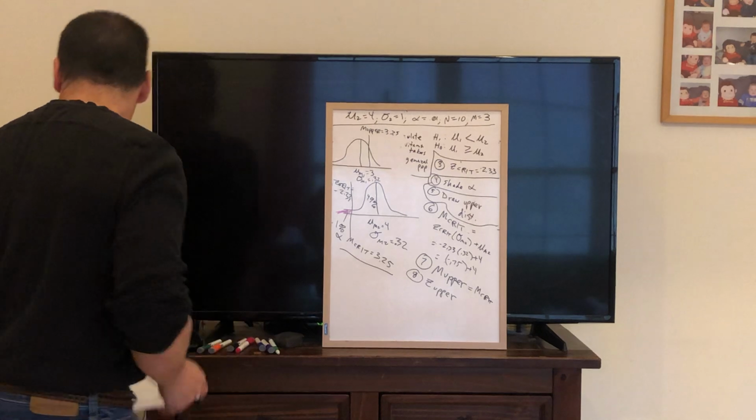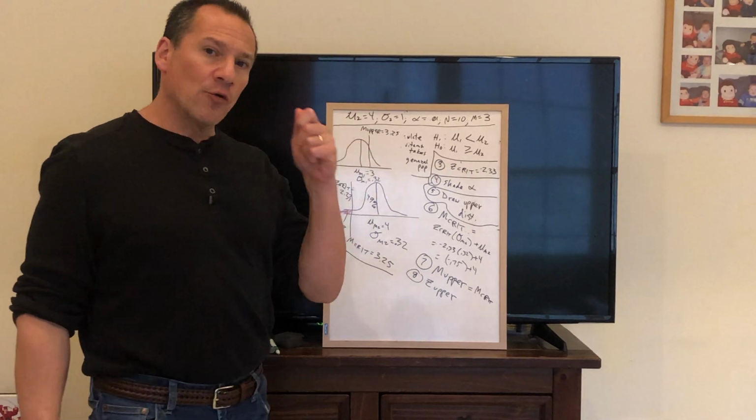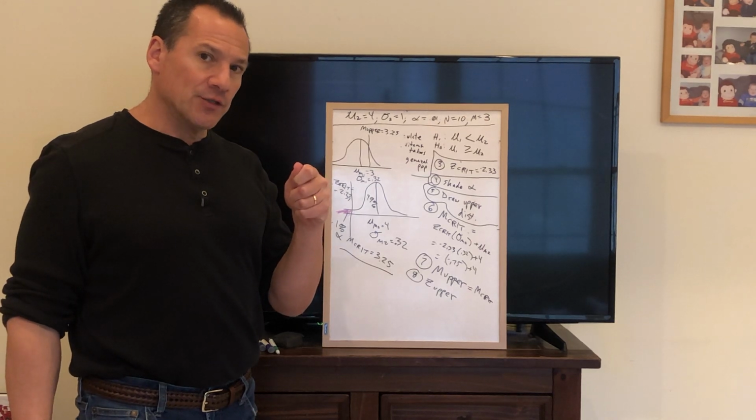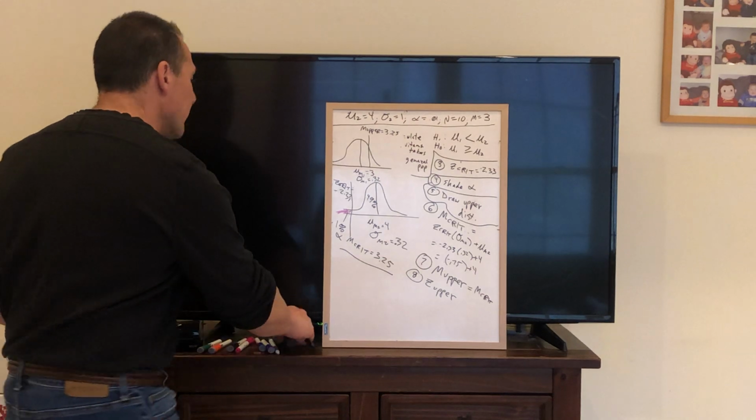Okay, think about what a z-score is. A z-score is telling you where a raw score is in a particular distribution relative to the mean and standard deviation of that particular distribution.